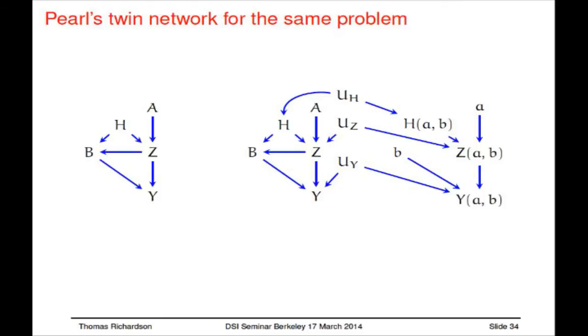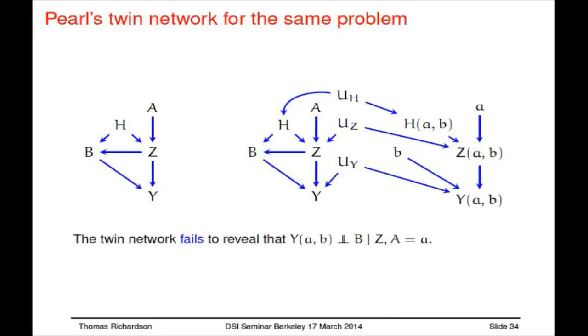So he starts off with this graph like this, and he then makes two copies of it, one here and a second one over here where he's done the intervention. And he then joins the random things together. So everything over here gets labeled with AB, which is different from the way that we've been doing things because he's not doing the percolating downwards. But he links together everything via error terms, and significantly independent error terms.